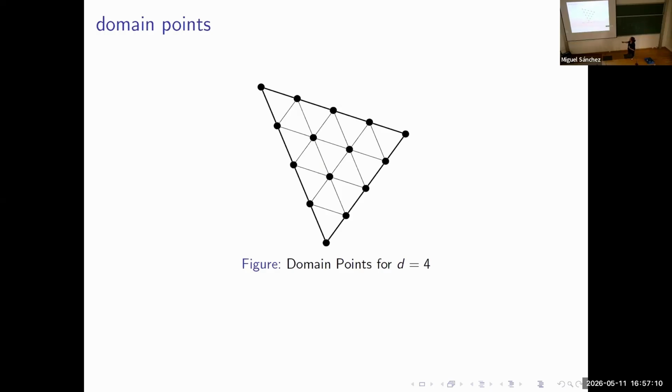Looking at this point, it is combinatorial distance 2 from this vertex, and it's combinatorial distance 1 from this edge, right? Okay. So good. We can also say that any of these points is at combinatorial distance 0 from the triangle itself, if you wish, right?